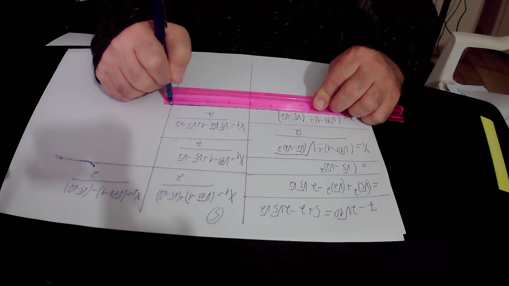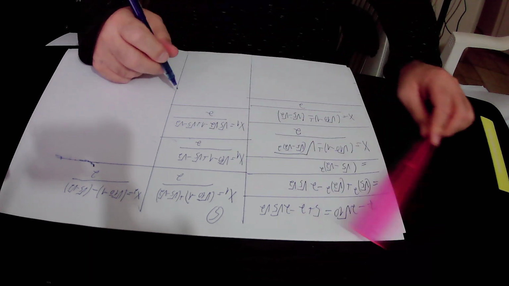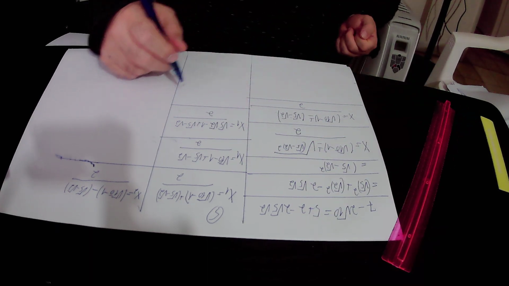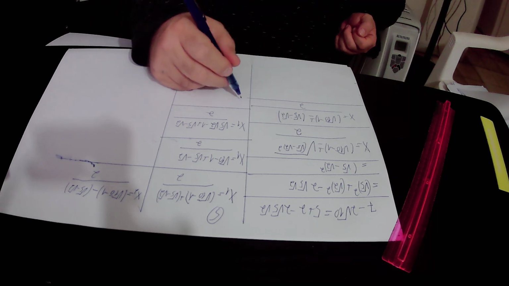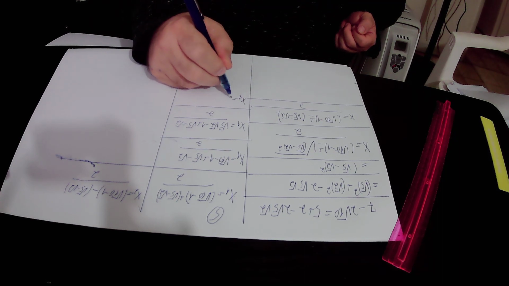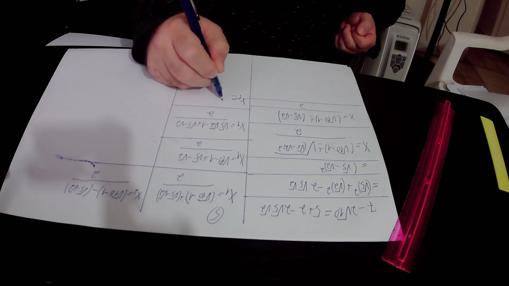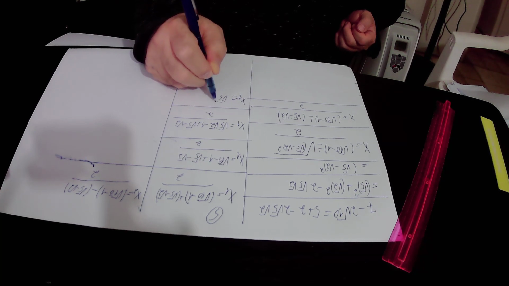So we get that here we took square root of 5 as a common factor out of this expression, and we get that x1 equals square root of 5 is a common factor.